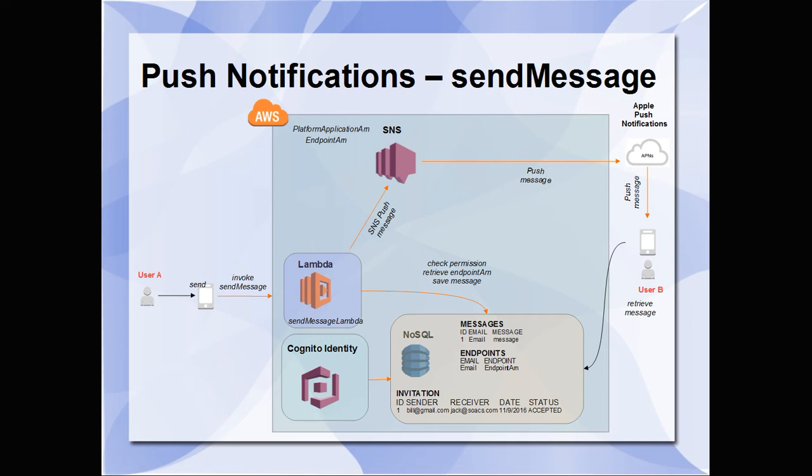Okay, now this is simple enough. Both users are authenticated. Well, let's say user A is authenticated, and the user wants to send a message to user B, who might be logged in, might not be logged in.